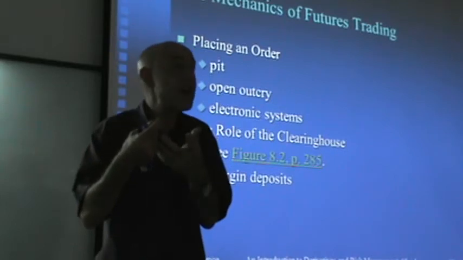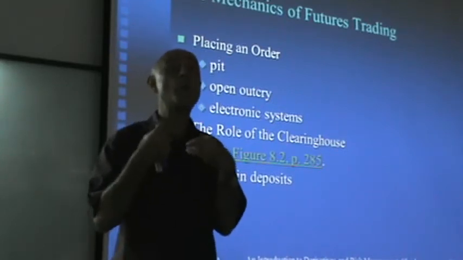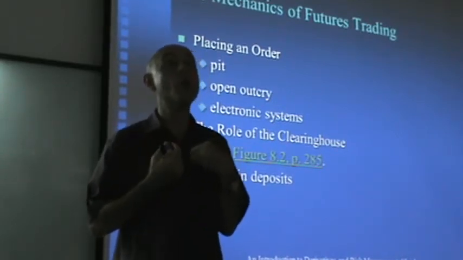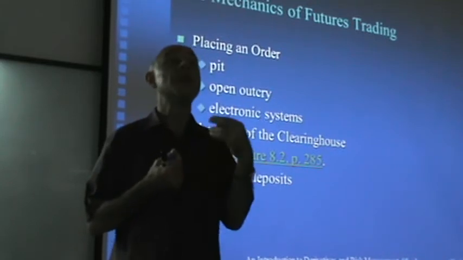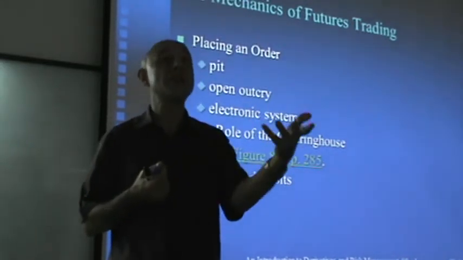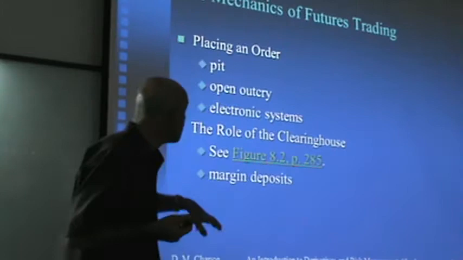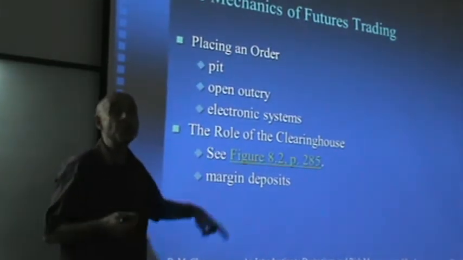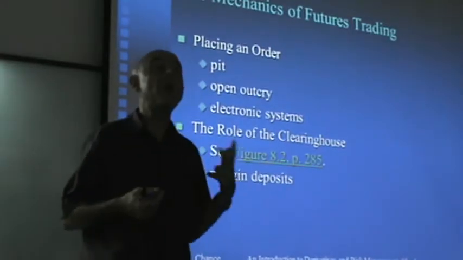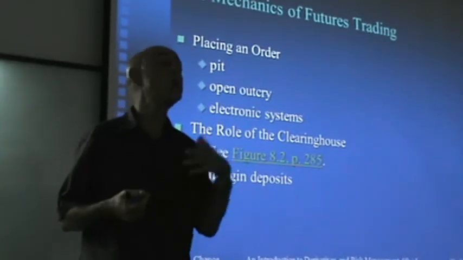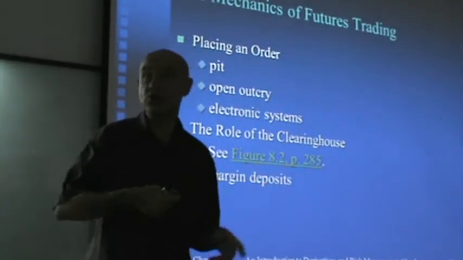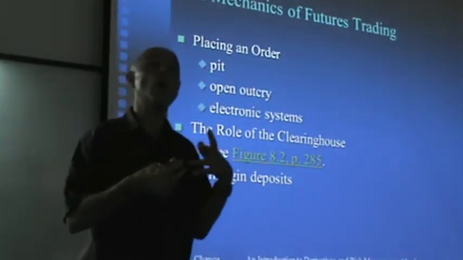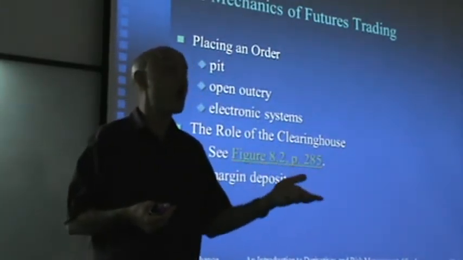After the trade has executed and you got an open position, your open position is up against the clearinghouse. So the main role of the clearinghouse is to be the counterparty to all trades in the futures and to all trades in the options.